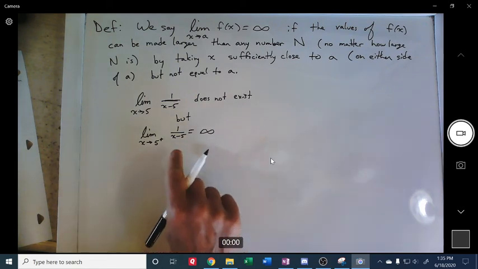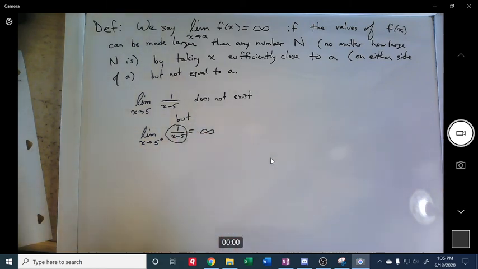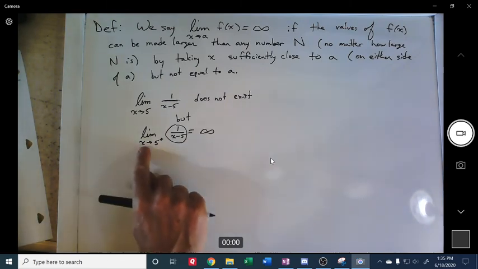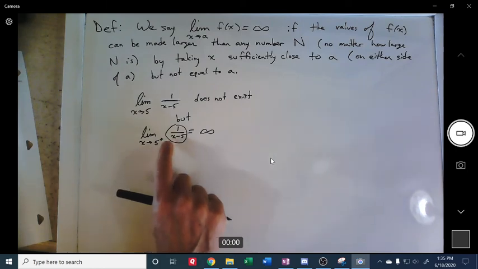And we could get this fraction, suppose I wanted this fraction to be larger than 1 million. Then I just make x to be within 1/1,000,000th of 5.